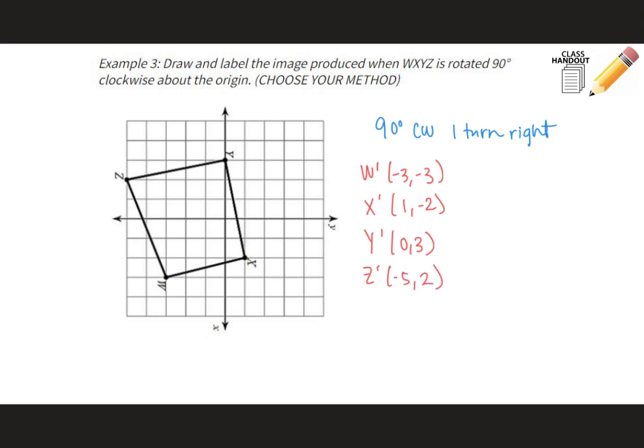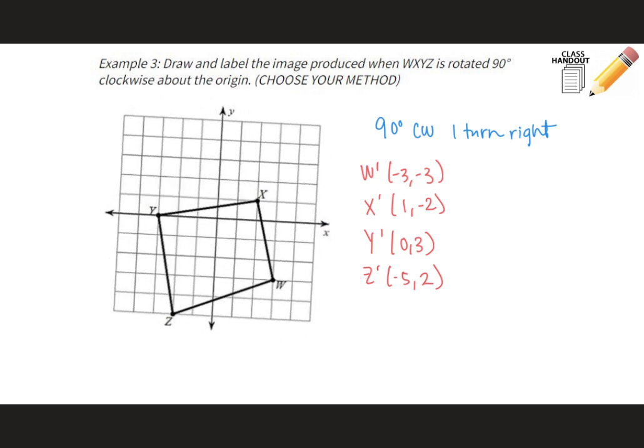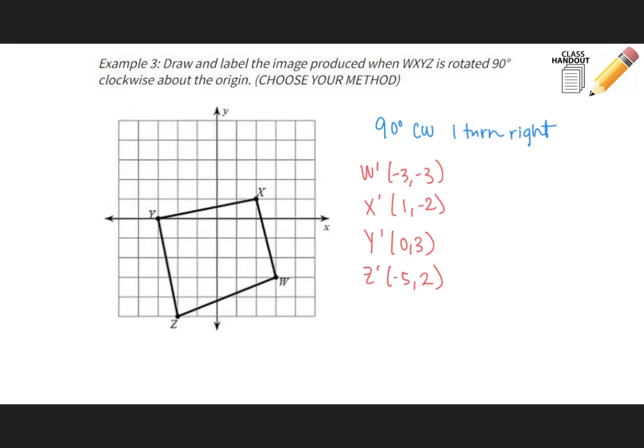So now what we need to do is we need to take our figure and we're going to rotate it back 90 degrees. So I'm going to go back to the original. And now I'm going to plot these points. So starting with W prime, I'm going to do -3, -3. So here's W prime.